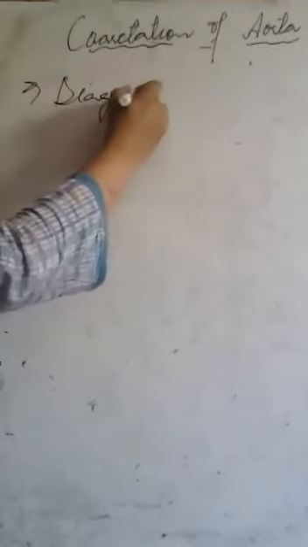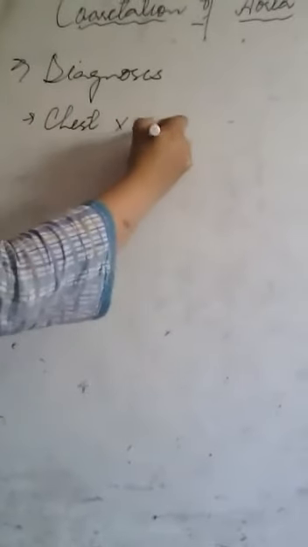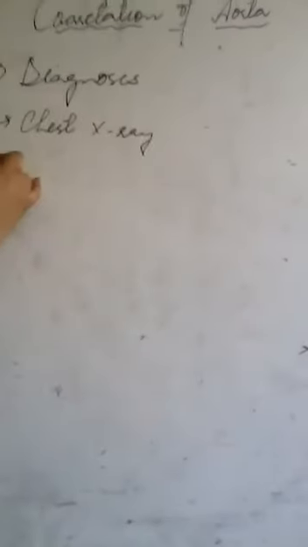Now the diagnosis. How is the disease diagnosed? Diagnosis is confirmed by chest X-ray. Chest X-ray is done to confirm coarctation of aorta.